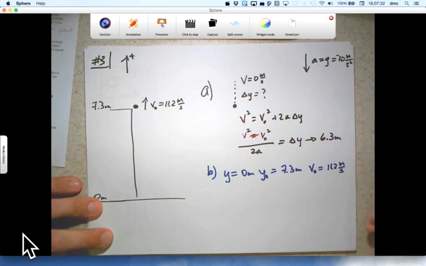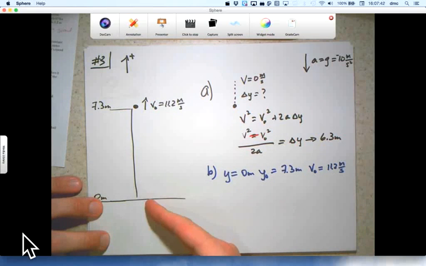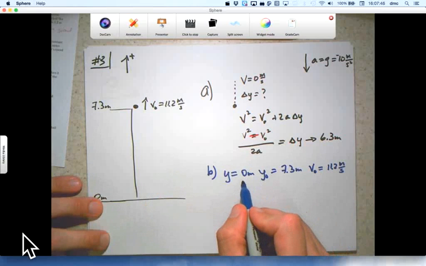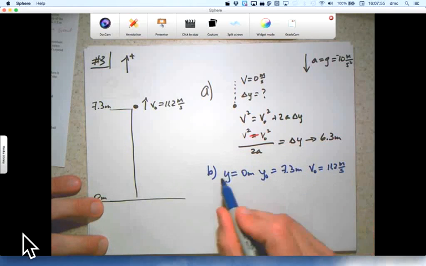And it's undergoing acceleration due to gravity, which is negative 10 meters per second squared. And the question is, how much time until it hits the bottom? So we can treat this completely separately from part A. We can pretend part A never happened because this question might have just started with this portion and never asked part A.